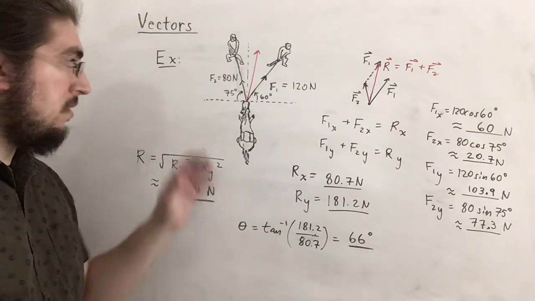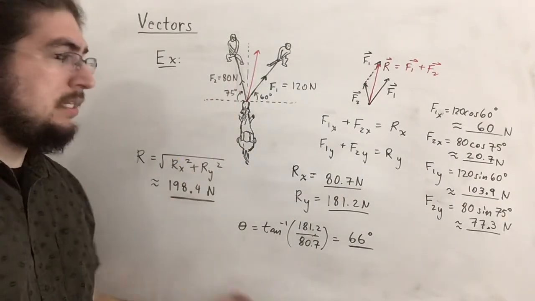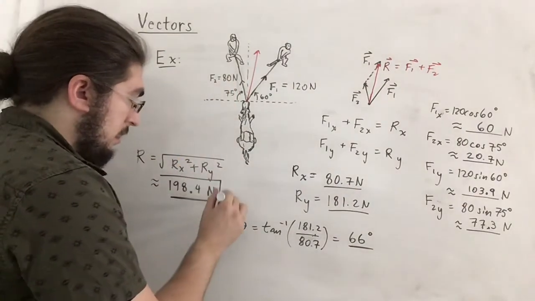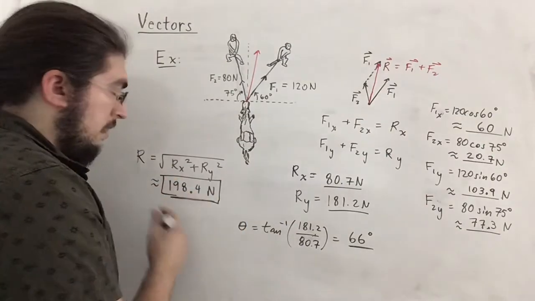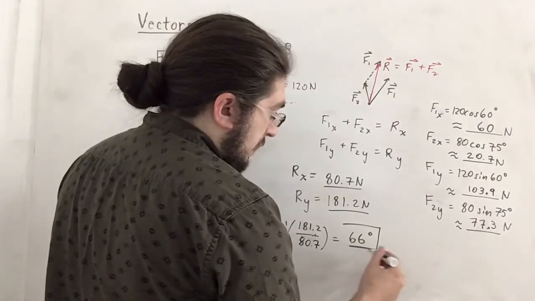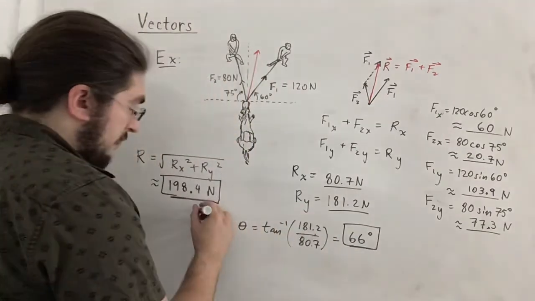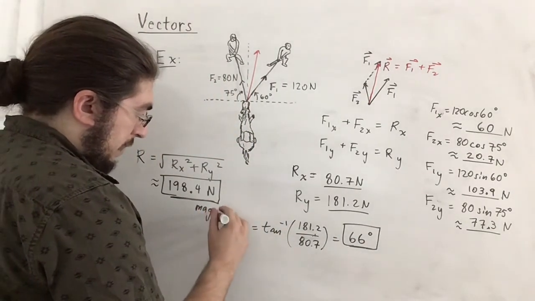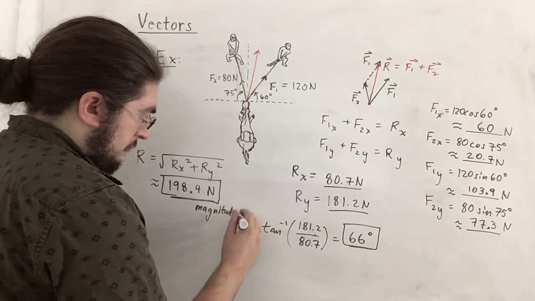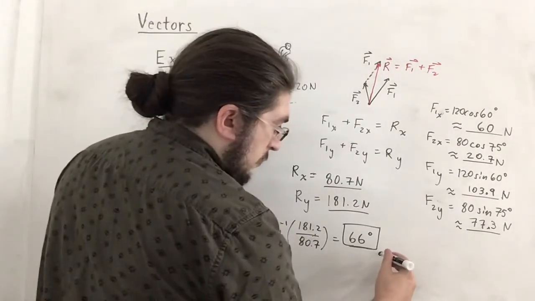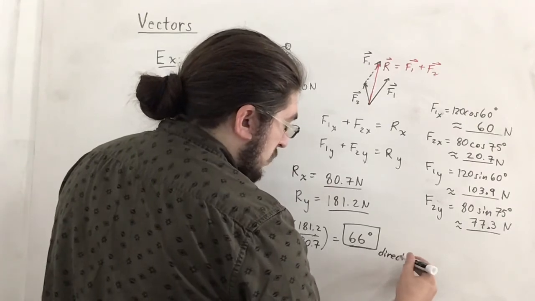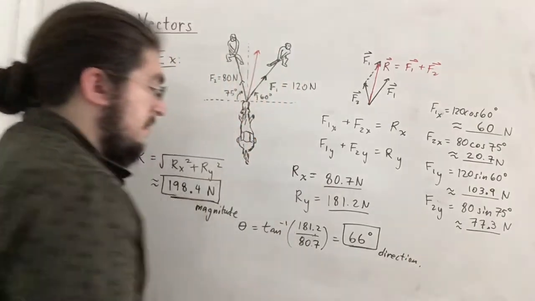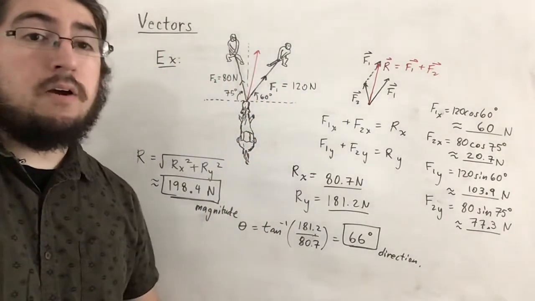So we can say the vector will have magnitude this. So let's box this. This is the magnitude of the vector, and this is the angle of the vector, the direction of the vector. So if you want, I'll just label them. This is the magnitude, and this is the direction. So with magnitude and direction, we have uniquely found our vector.